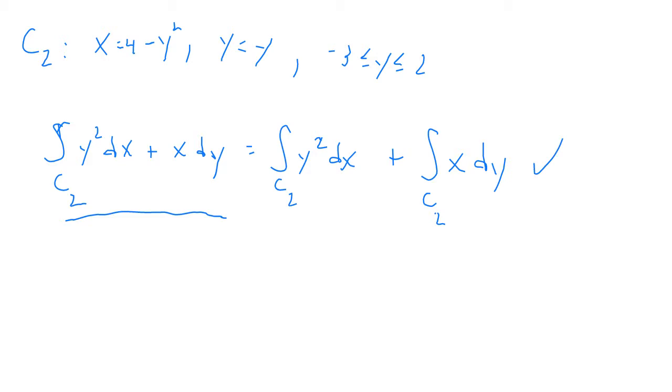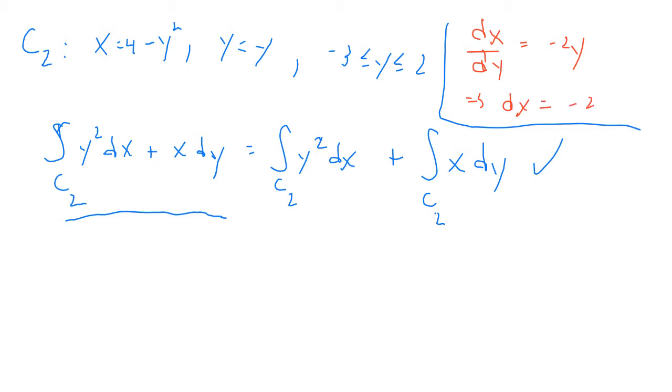Now, from up here, x equals 4 minus y squared. So dx/dy is just going to equal negative 2y, and this implies that dx equals negative 2y dy.